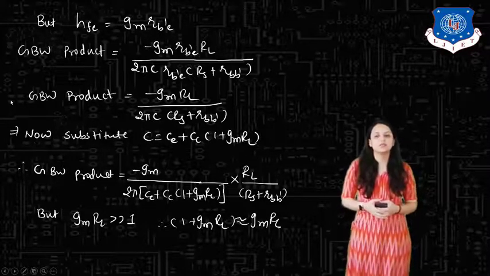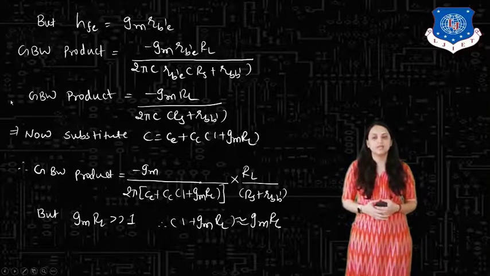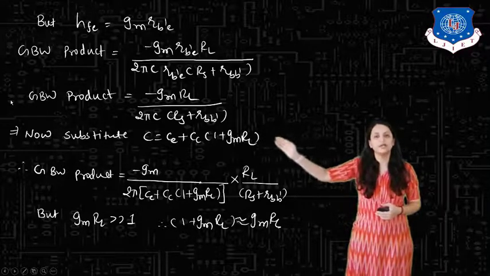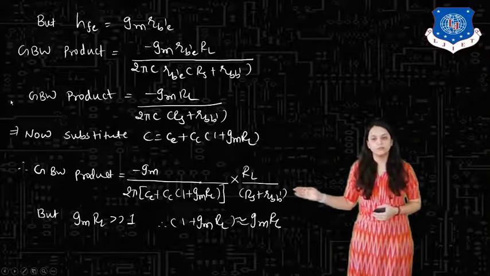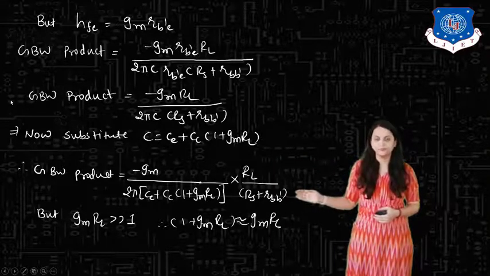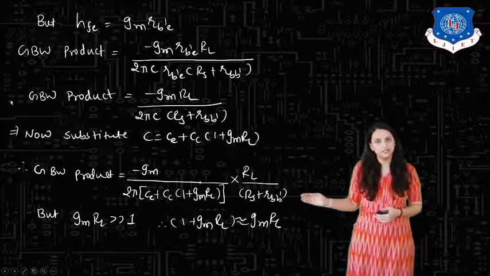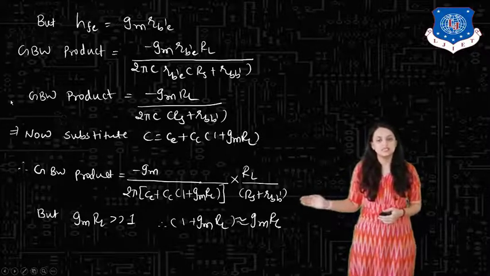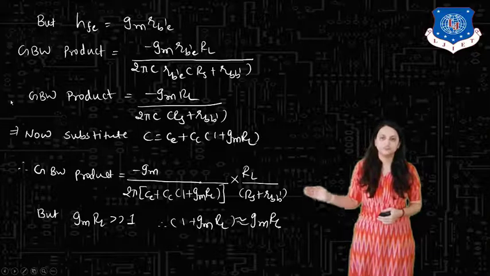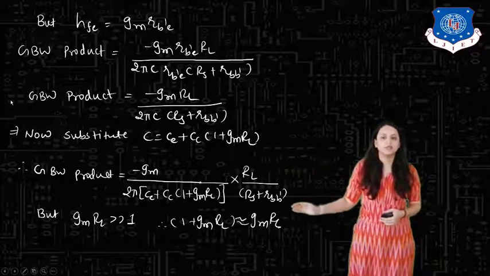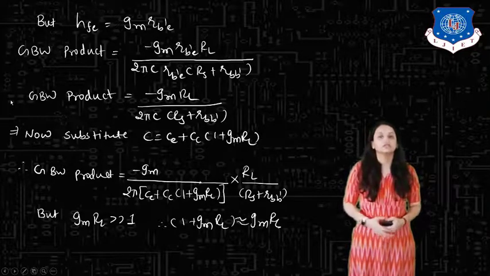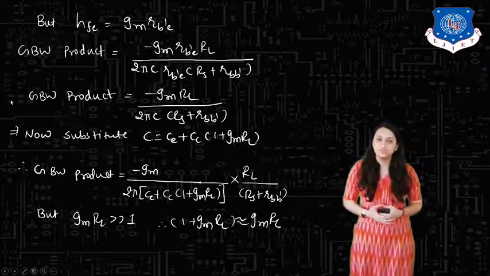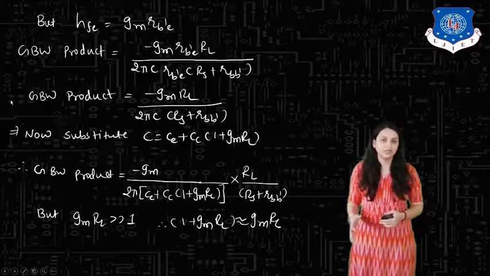Now let us substitute the value of C, that is equal to Ce plus Cc into 1 plus gm RL, in the equation. So we will get GBW product equal to minus gm upon 2 pi into Ce plus Cc into 1 plus gm RL into RL upon Rs plus rbb'. But the value of the product gm into RL is very much greater than 1.